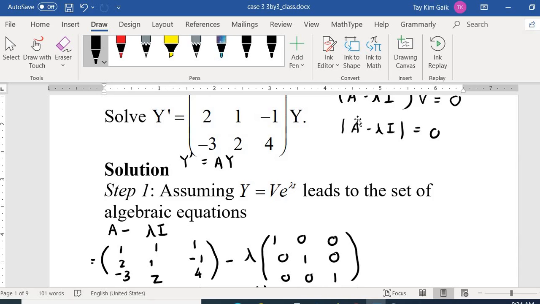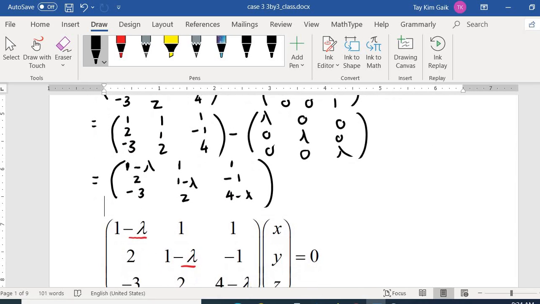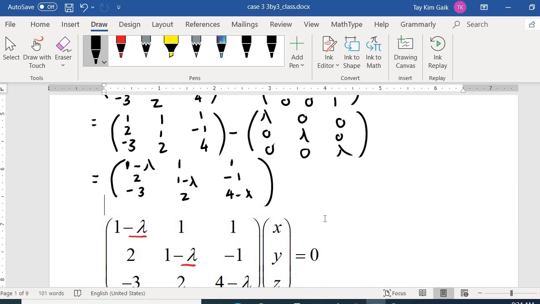To get the eigenvalue, we let the determinant of A minus lambda I equal to 0. So we find A minus lambda I, which will be here.